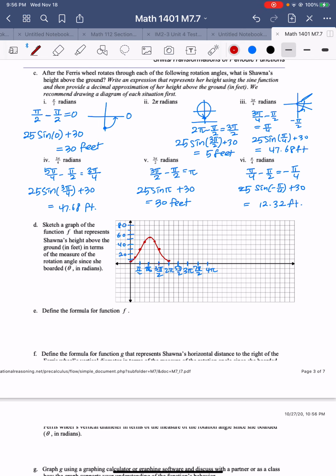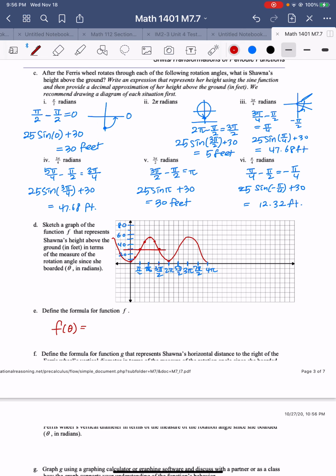And then it repeats again. So that's the graph, and of course it goes this way too. So define the function formula for the function f. So this is theta. The middle point should be about 30 here.